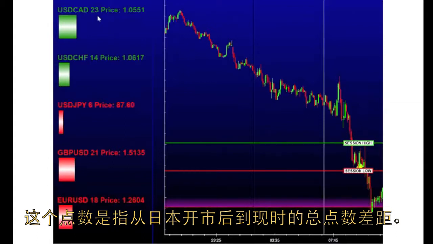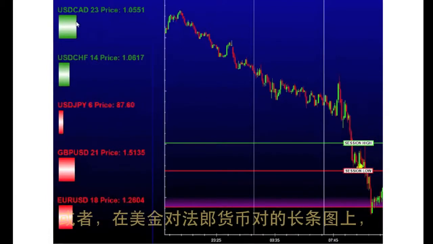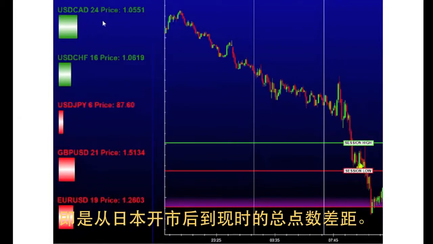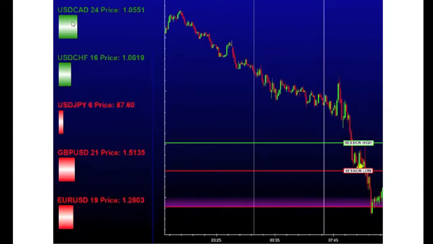This is the actual pip value from the start of the Japanese session and how much the price has moved from 2000 hours until now, which is 8:19 at night here in New York. So it's calculated from 2000 hours and a price movement of 24 pips on the dollar CAD.